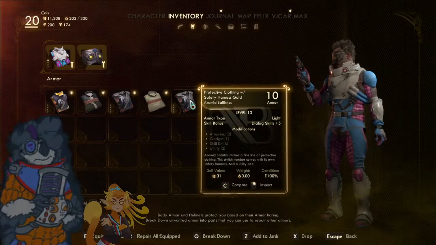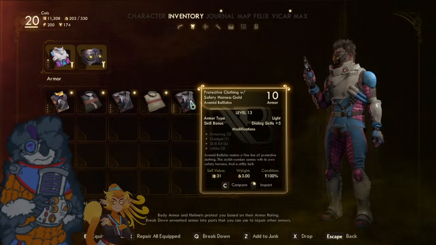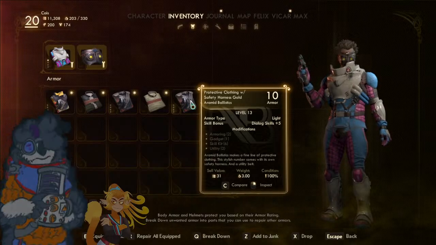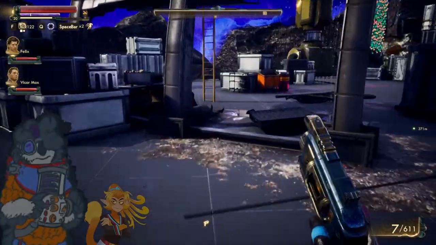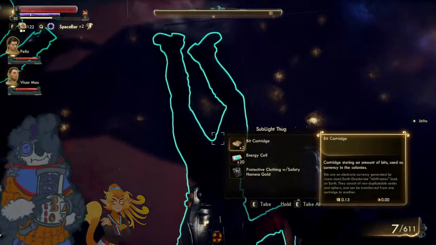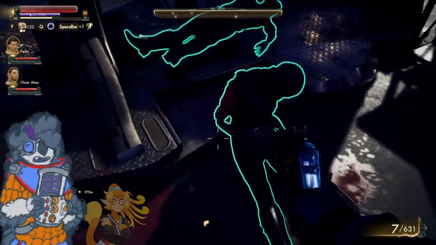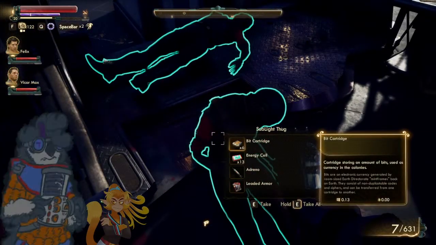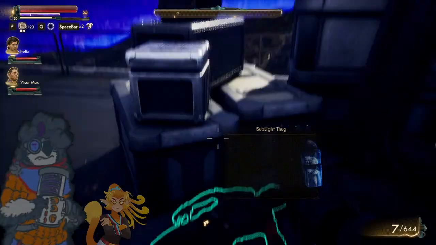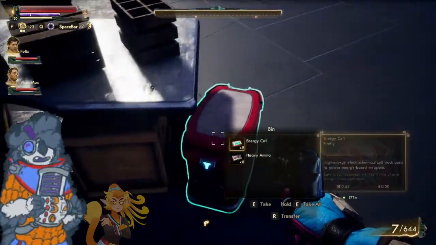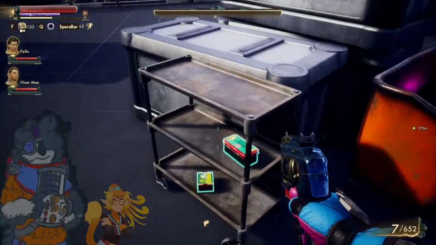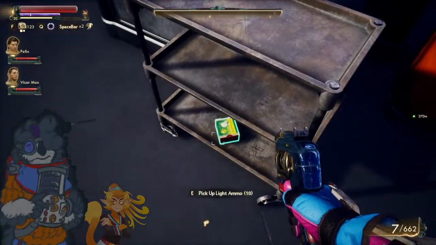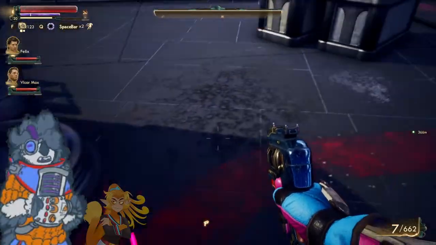Huh. Interesting. They've been killing all the sublight operatives too. There's a gang war happening. And we're in the middle of it.